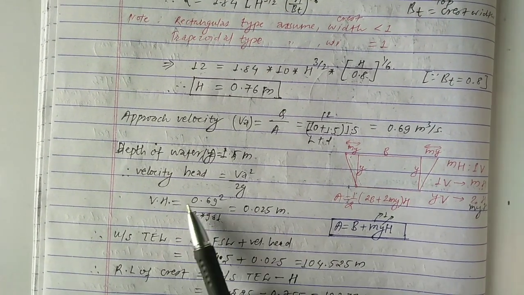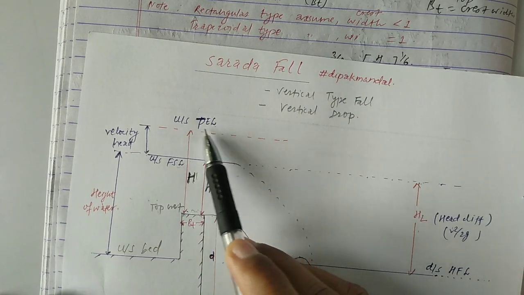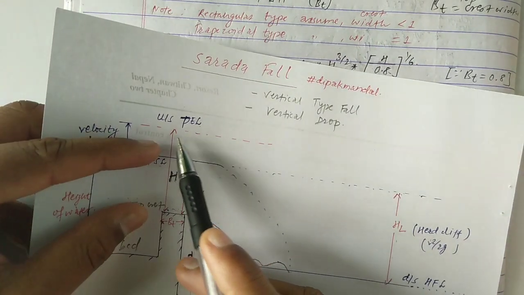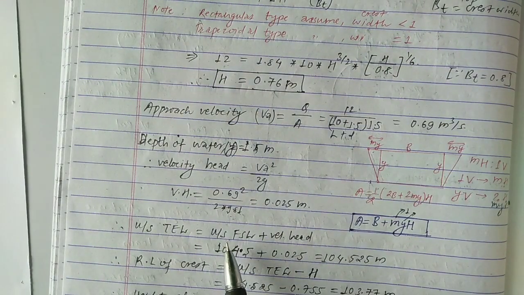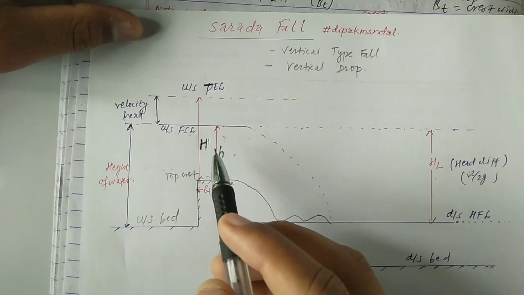Now we have to calculate the upstream total energy level, that is this level. We can calculate this level by adding the velocity head to the upstream full supply level.